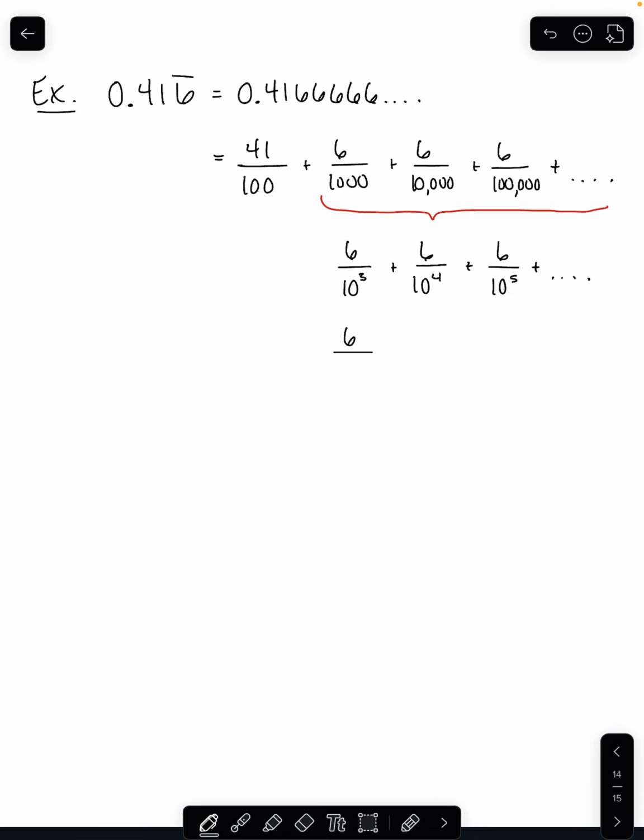So if I factor out the common 6 and a 10 to the 3rd in the denominator, that would leave me with 1 plus 1 over 10 plus 1 over 10 squared, etc. This then should be much more obvious as 6 over 10 cubed times 1 over 10 to the n, where n begins at 0.